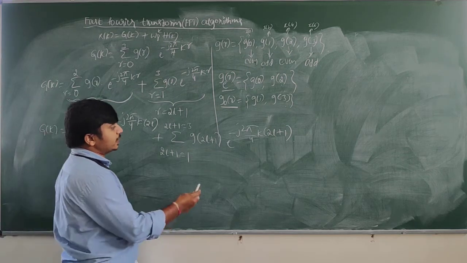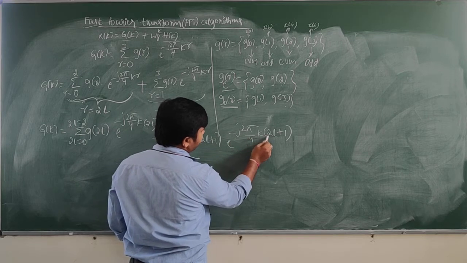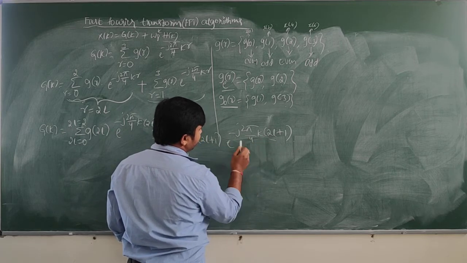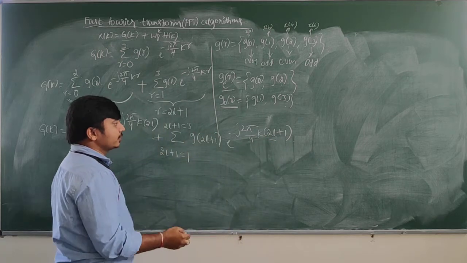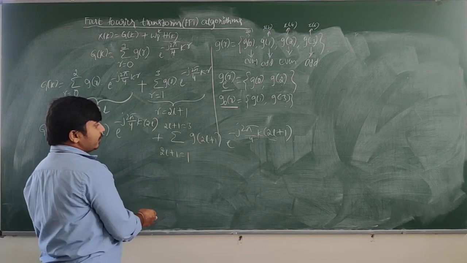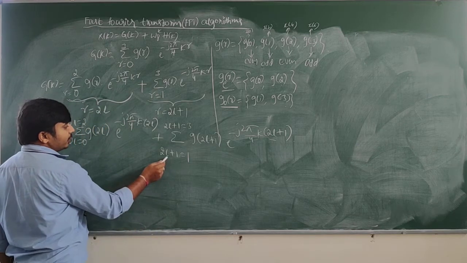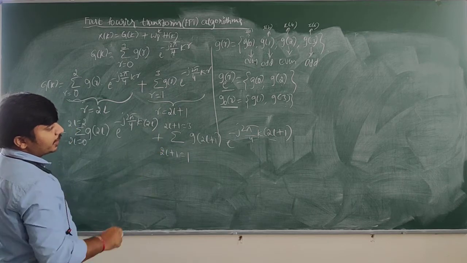If you split this exponential, I get e power minus j 2 pi by 4 into k into 2l, into e power minus j 2 pi by 4 into k. I will take that k term outside the summation because here we have only the l term, there is no l term in that exponential.